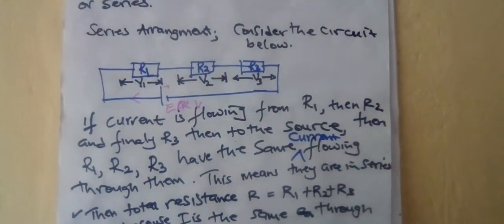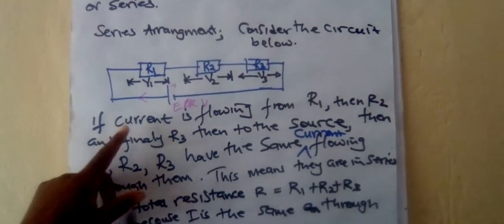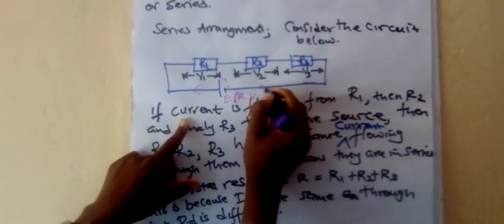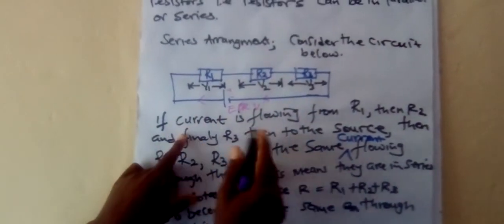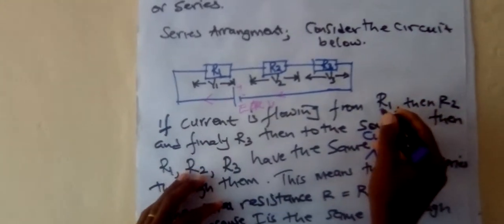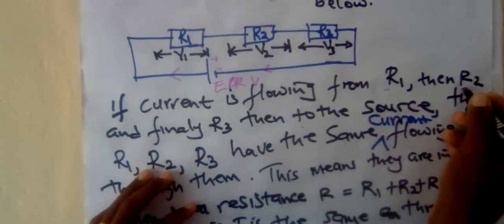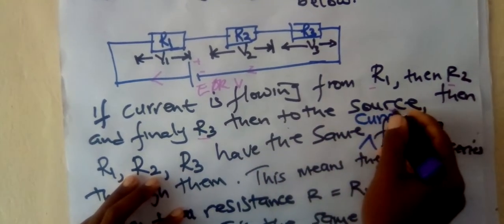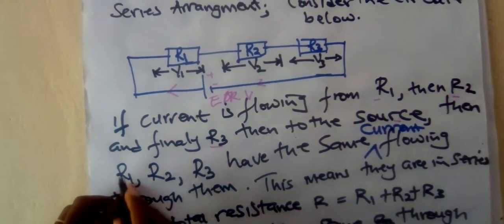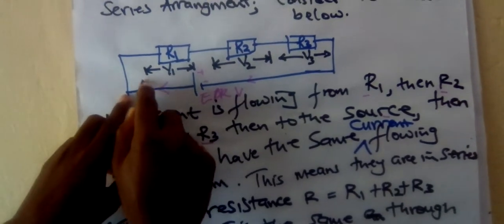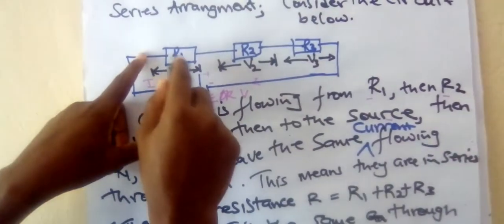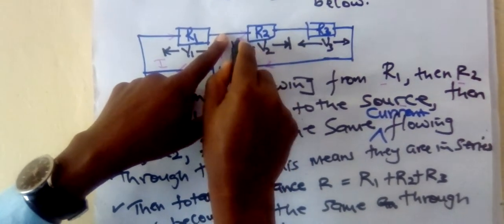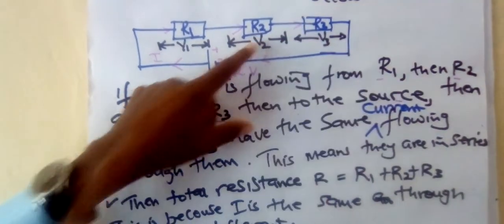Okay, we have a circuit below. Current always comes from the positive and ends with the negative. If current is flowing from R1, then R2, and finally R3, then to the source, it means that the same current I goes through this one, after it goes through that one, after it goes through that one.